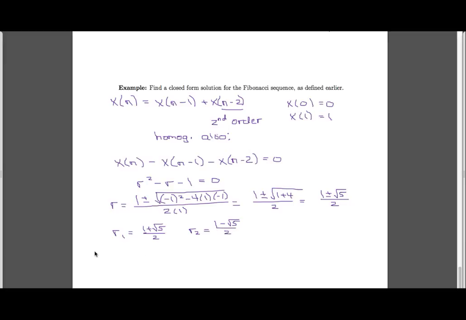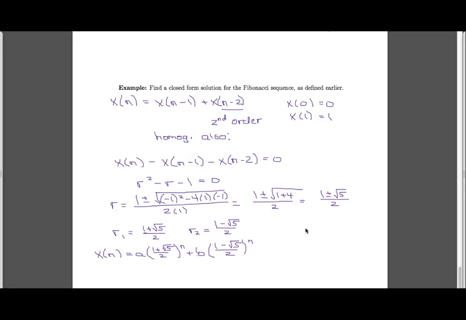The general form of our solution should look like a times 1 plus root 5 over 2 to the n plus b times 1 minus root 5 over 2 to the n. We can use our initial conditions to solve for little a and little b.